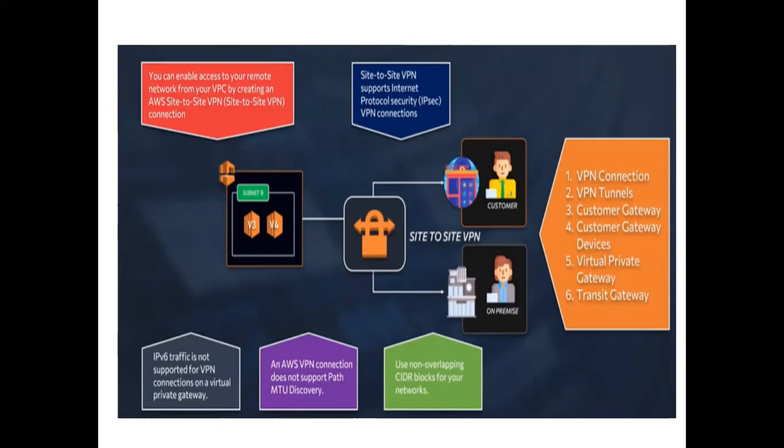A tunnel is the establishment of the connection between the two sites, the customer and your AWS. The virtual private gateway is like the internet gateway. The internet gateway allows both incoming and outgoing traffic. In the same way, AWS has a virtual private gateway.